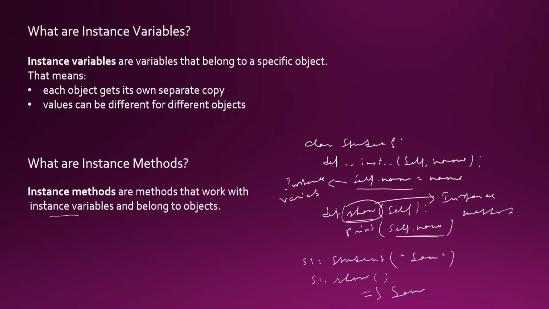That is what is written here: instance methods are methods that work with instance variables. That means this show method is working with self.name, that is an instance variable, and belongs to the object. So I am calling s1.show. That means this method belongs to this object, and that is why this method is called an instance method. Those methods working with instance variables and belonging to the object are called instance methods.